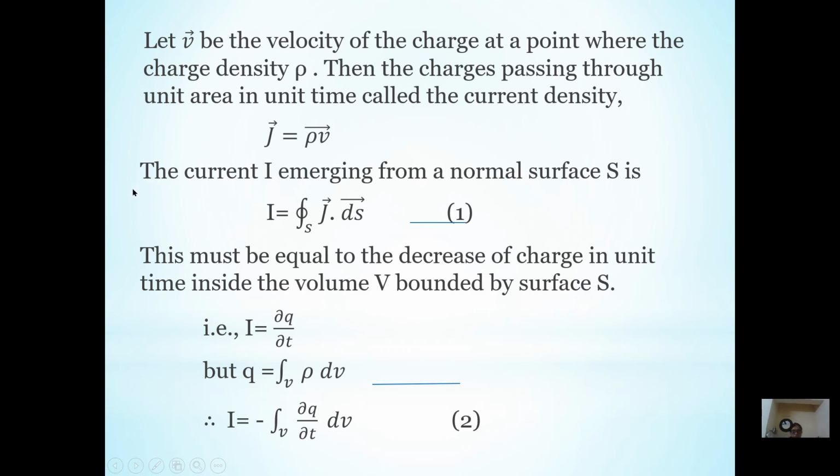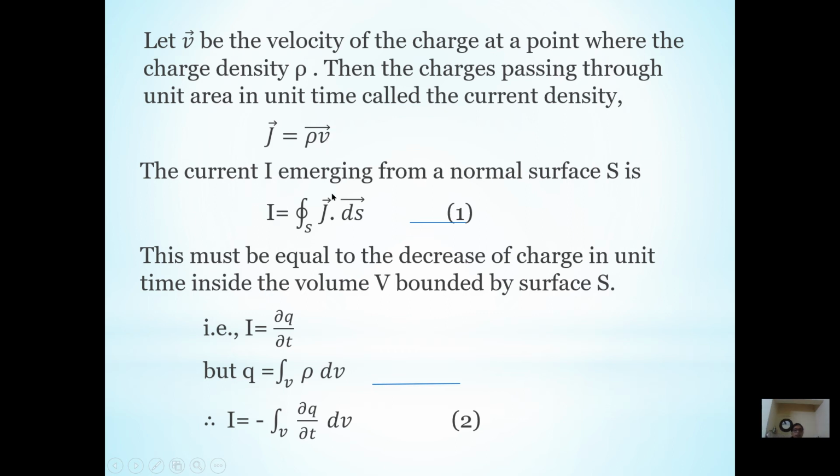Then charge passing through unit area in unit time is called current density, that is J, which is equal to rho into V, where rho is not a vector, so it comes outside, and V is the vector. So see here, this is rho into V, where V is the vector. V is velocity.